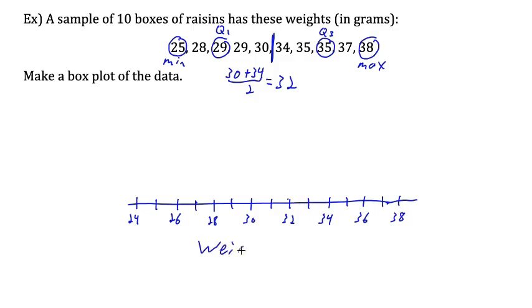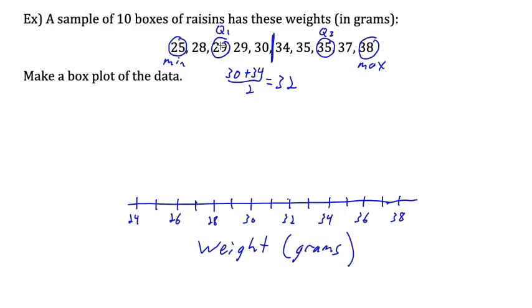And these numbers represent the weight in grams. Now notice what I did not do on the scale. I did not just label the numbers 25, 28, 29, 30, 34, and so on. I just have numbers evenly spaced that will include these numbers.